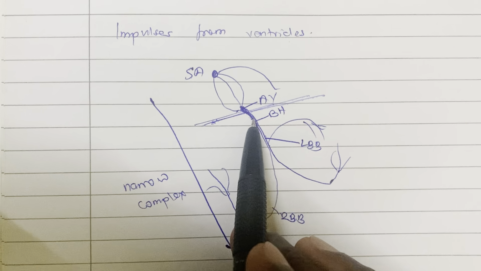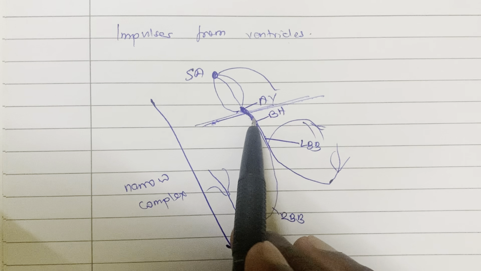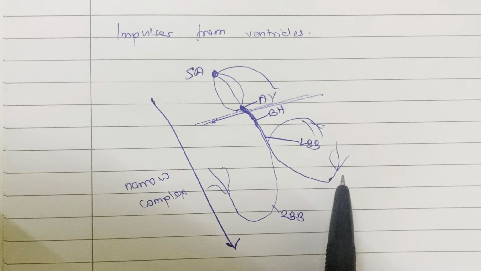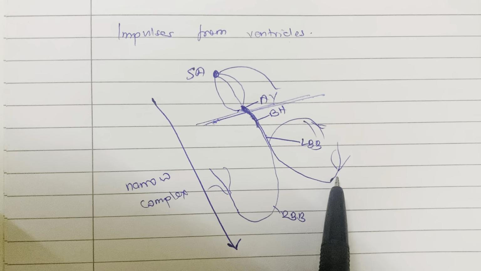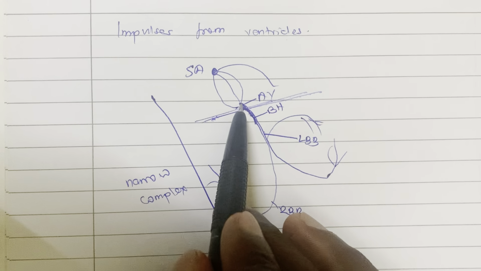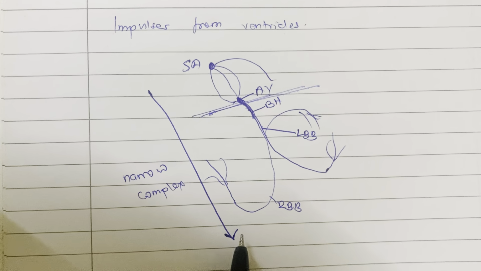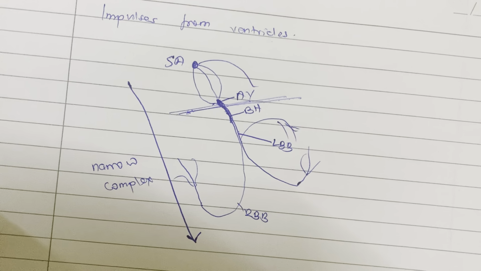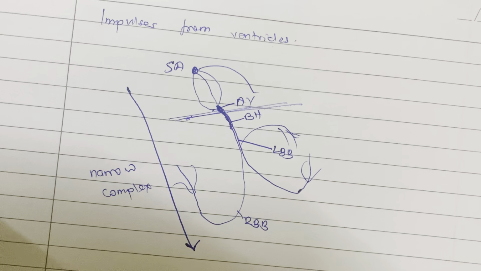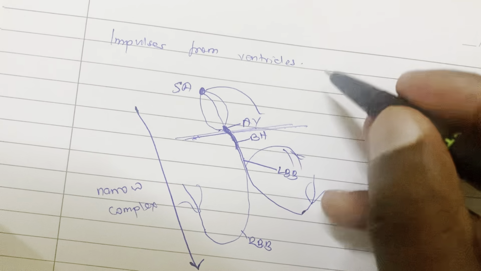If the impulses are from the bundle of His, it is within the normal conduction system, so it can produce a narrow complex and normal one. If the impulse is from the AV node and it goes down, it produces a narrow complex and of normal morphology.